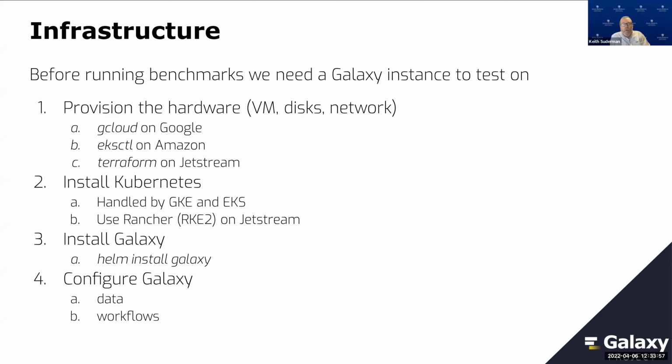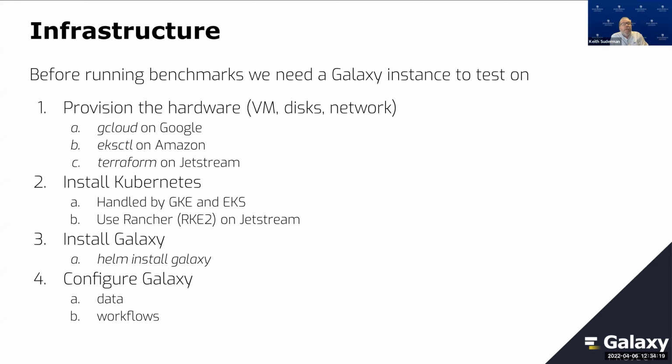And then once we've got the hardware actually provisioned, we need to install Kubernetes on it. Kubernetes is an orchestration platform that will take a number of individual machines and combine them so that it looks like a single supercomputer. On Google and Amazon, they have managed Kubernetes clusters for you.